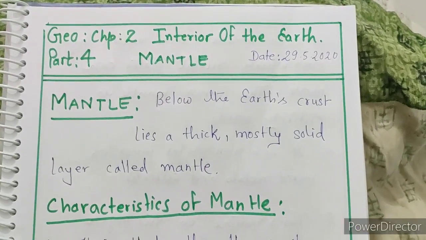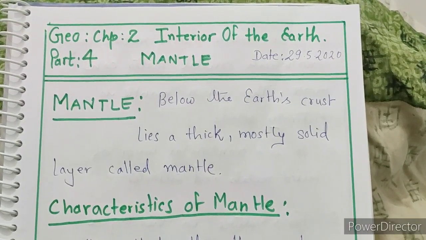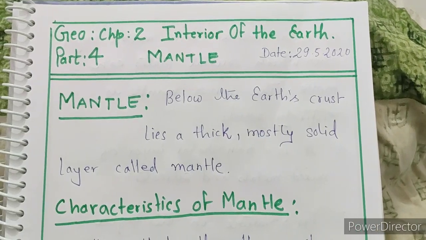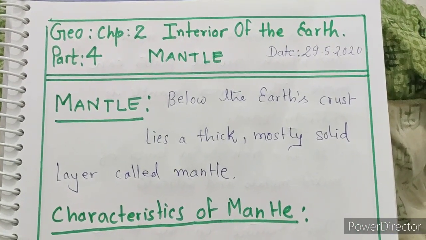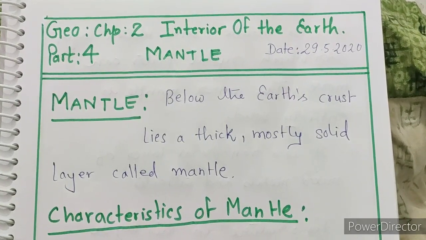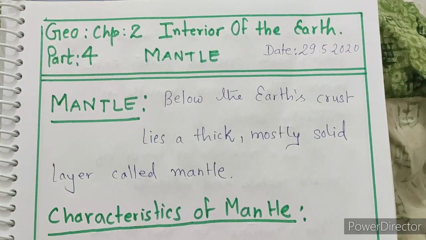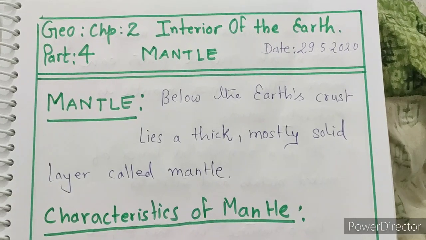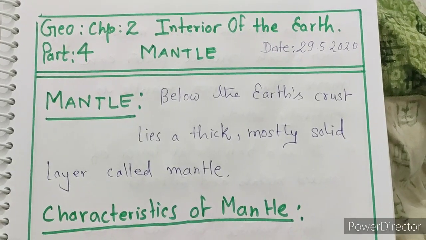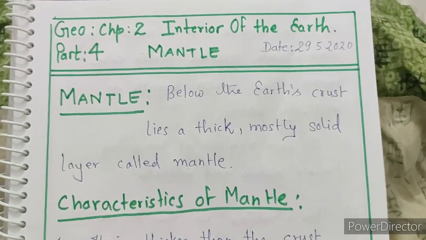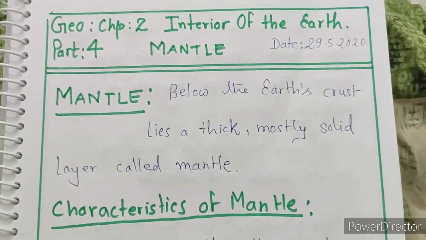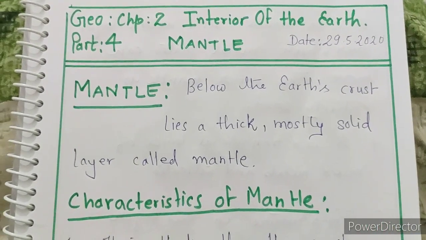Now, as you have understood how the earth looks from the inside, we can move to our today's topic, the interior of the earth, the internal structure of the earth, and today we are going to know more about the mantle. Yesterday I told you about the crust, that crust is the thinnest layer.